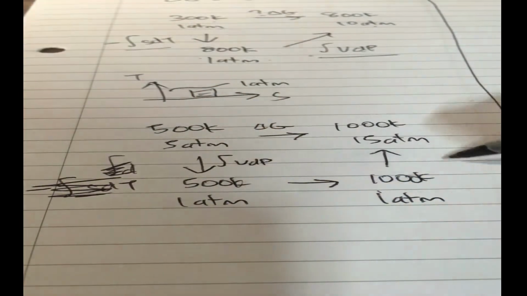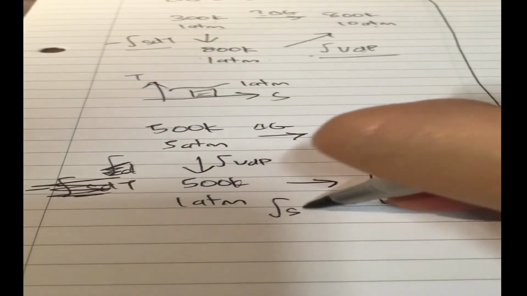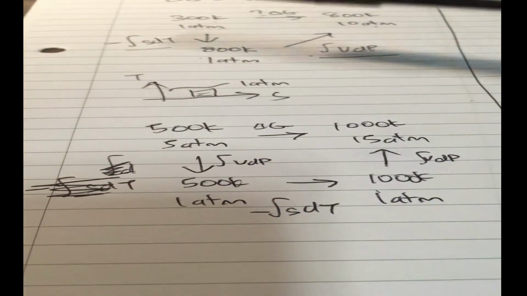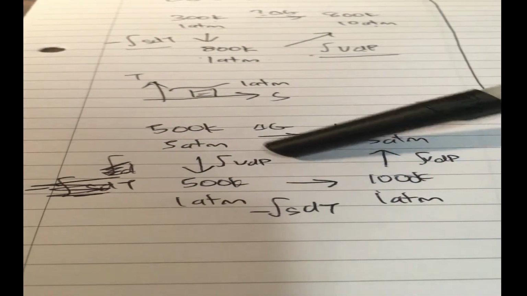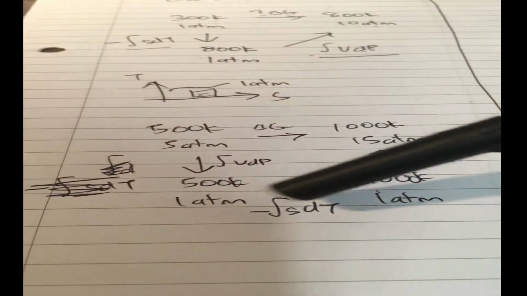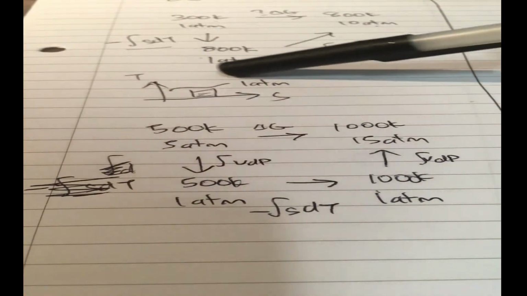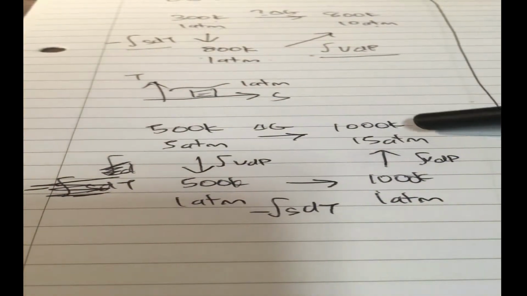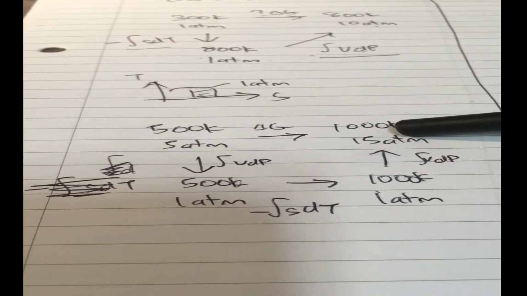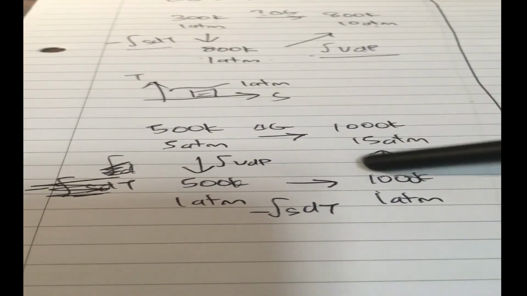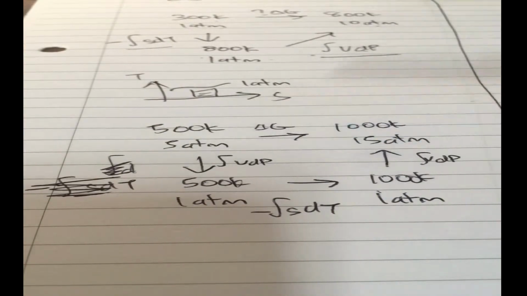Integral VdP here, and integrate SdT right here. So you find delta G of this, which is just VdP. Delta G here is minus SdT, for which you can use this graph. And delta G increasing from 1 atmosphere to 15 atmospheres at 1000 Kelvin is VdP. So all in all, you sum all these up to get delta G.